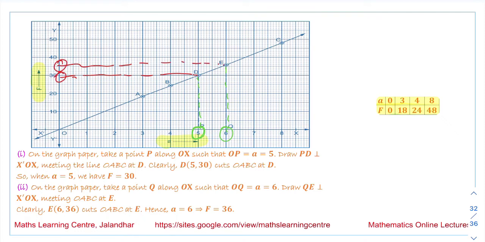Corresponding to the point on the x-axis 5, we obtain y is 30, and corresponding to acceleration 6, we obtain y is 36. So our final answer becomes, when acceleration is 5 units, the force is 30, and when acceleration is 6 units, the force is 36.